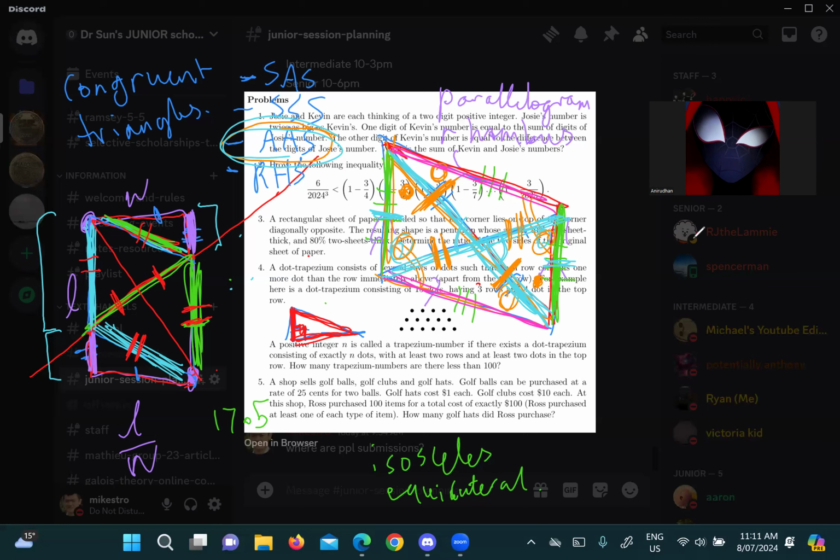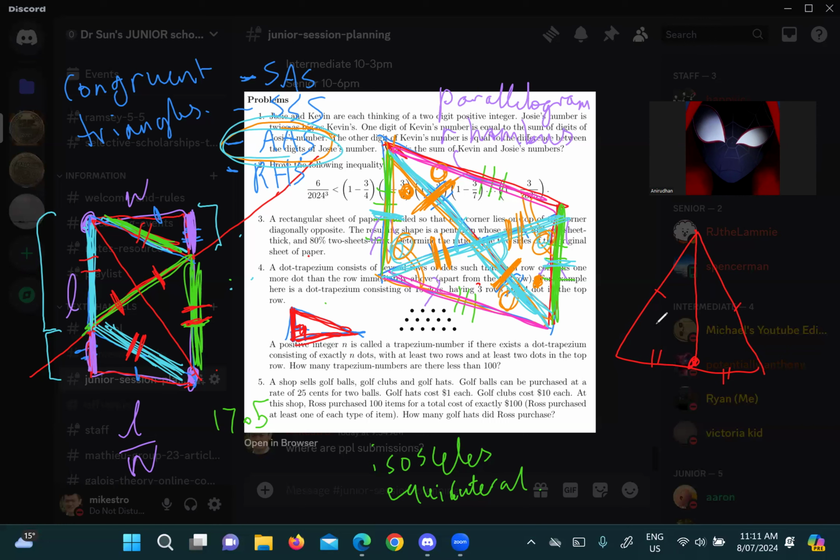If you have an isosceles triangle, can you draw it to the midpoint down here? What can you tell me about this line? It cuts it into symmetrical parts.